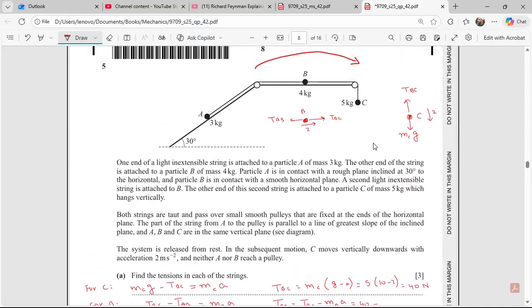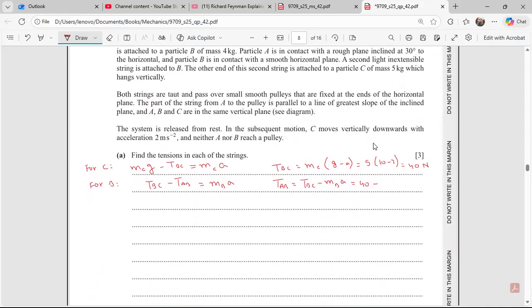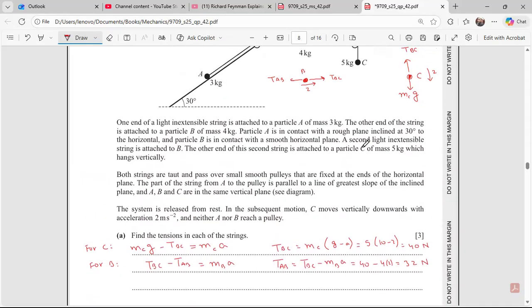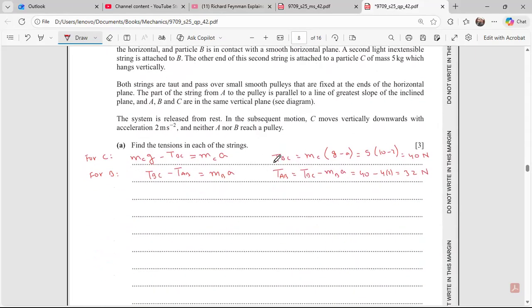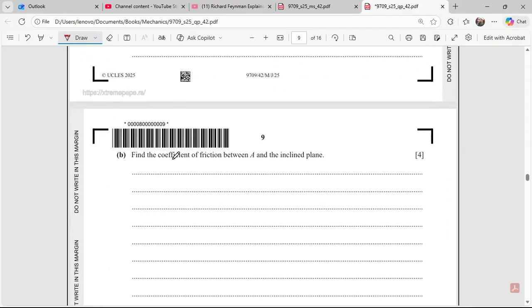The mass of the object B was 4 kilogram and acceleration was 2, so 8, and 40 minus 8 is 32 Newton. This is the tension in the other string. So we solved part A. Now in part B, find the coefficient of friction between A and the inclined plane.